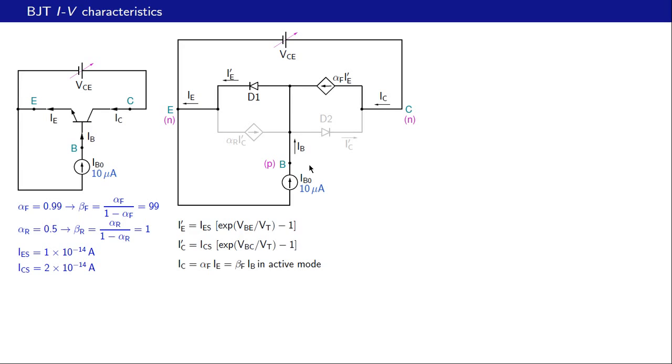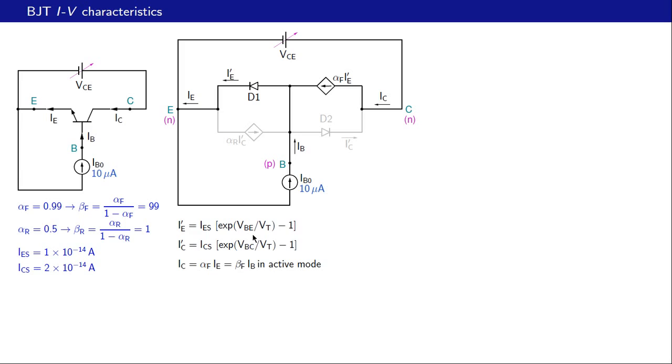So we need to get an equation in terms of VB, and what is that equation? That equation is given by IB equal to 10 microamperes. What is IB? IB is equal to IE prime plus IC prime minus alpha F IE prime minus alpha R IC prime, and IE prime and IC prime essentially are functions of VB, because VBE here is VB minus VE.